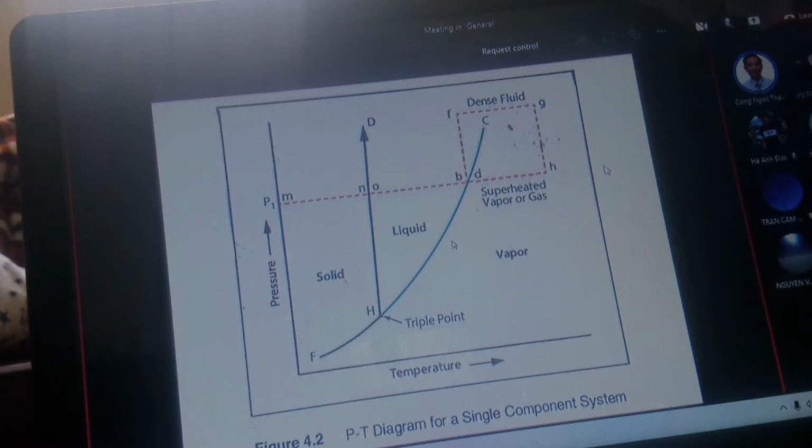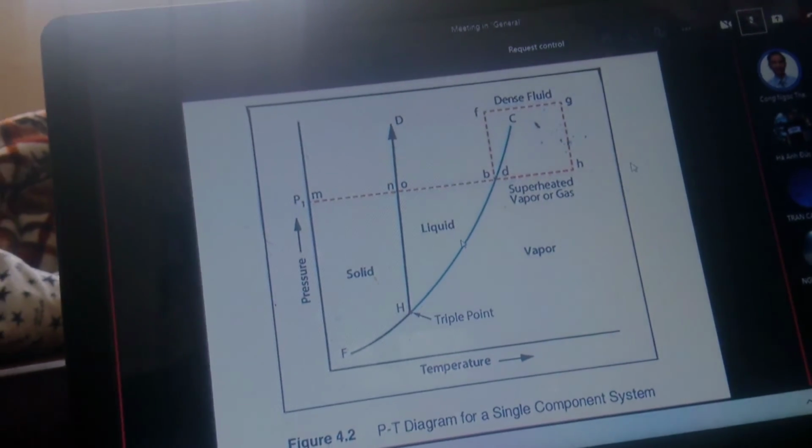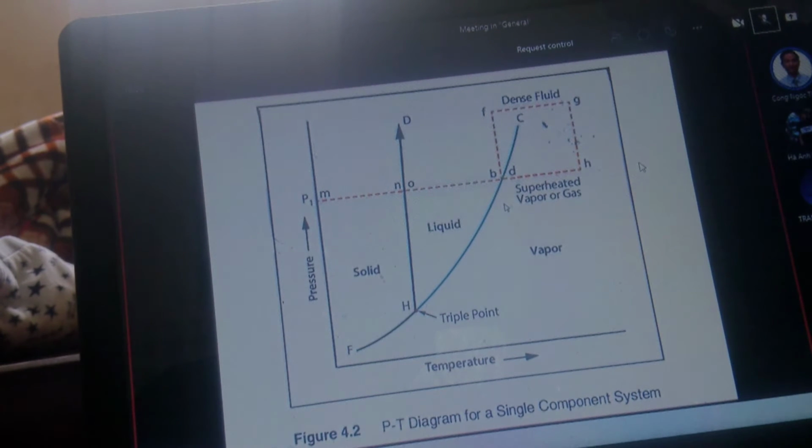It means here we apply a condensation process, converting vapor to liquid. As you can see here, when we change the working condition, mainly pressure and temperature, the property of the mixture changes. It may be vapor or liquid.